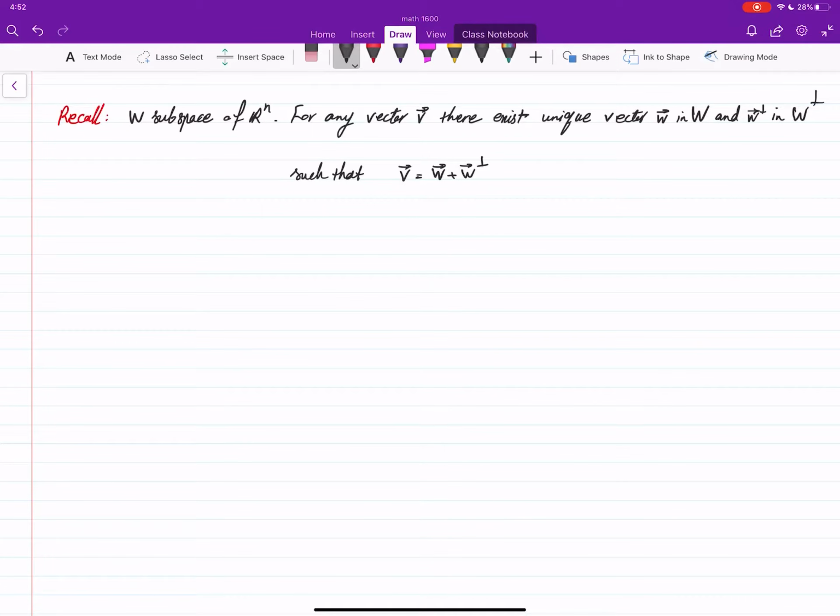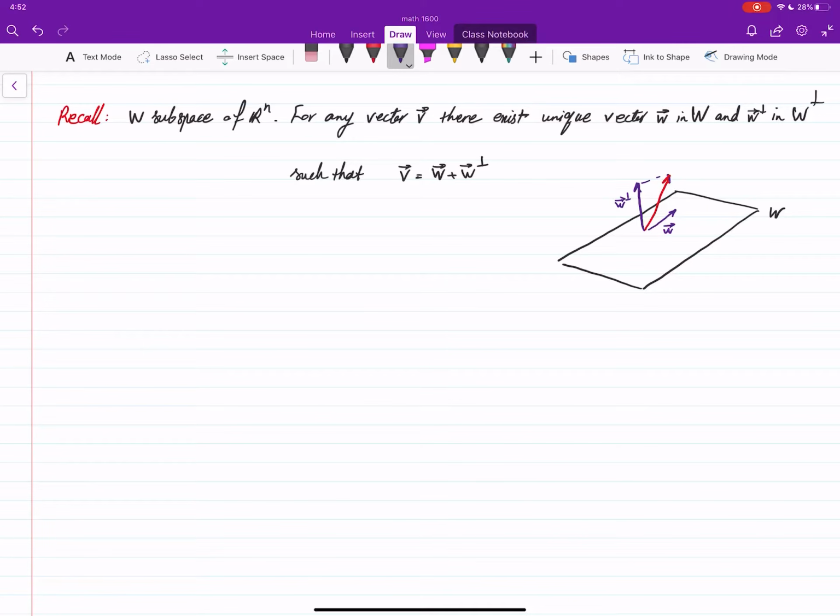Geometrically, this means that if you fix a subspace W, for any vector you take in Rn, you will find a decomposition: the sum of vector w and another vector w perp.